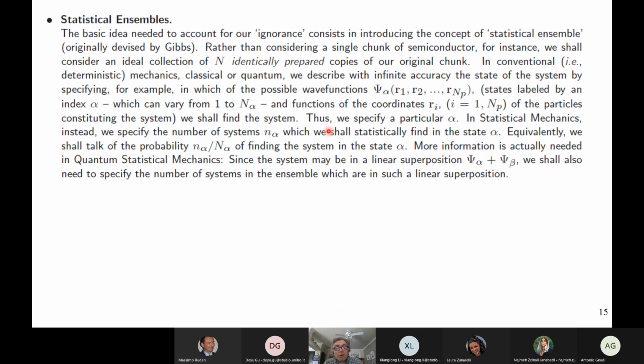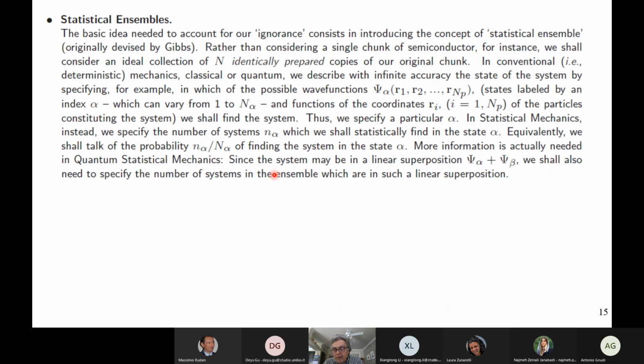And this is what we call the distribution function, or in some sense also a density matrix. So we will talk about the probability of finding a system in a state alpha as given by the number of replicas in the ensemble, little n sub alpha, divided by the total number that we have. Okay.